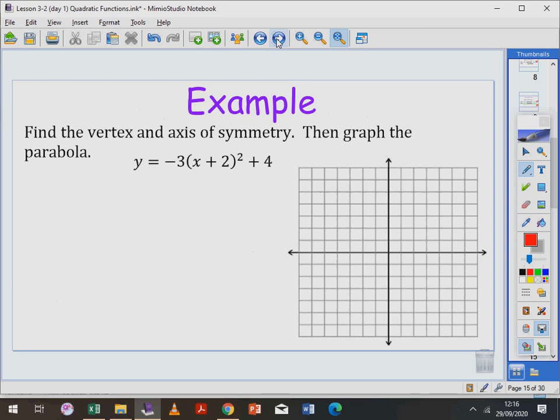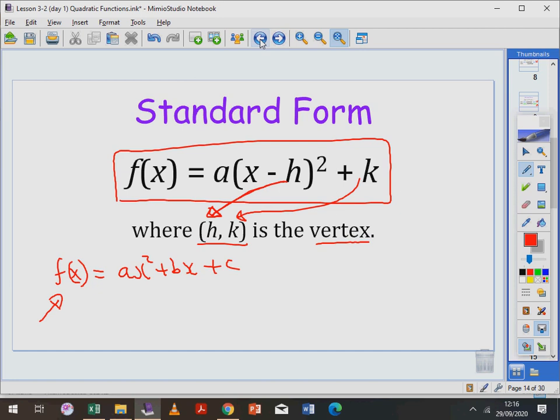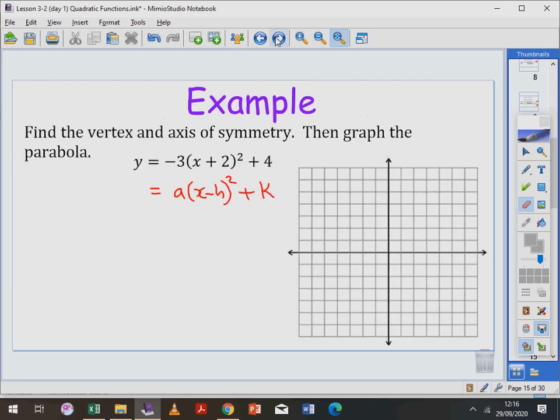I know it's already written in the standard form of a times x minus h squared plus k. If I compare that to that, it's already written in the standard form, and I hope you can see that in place of h over here, in place of a, if I compare, a is negative 3, h, because negative h is equal to positive 2, that means h is equal to negative 2, and k is simply equal to 4.